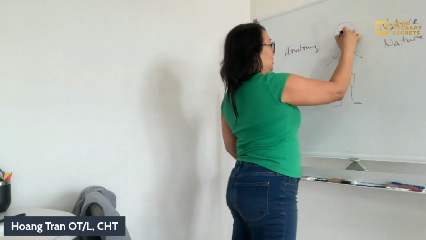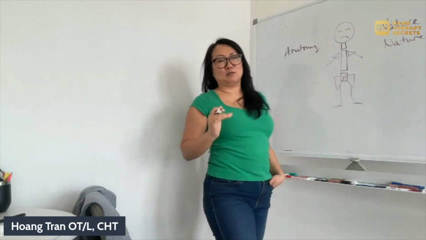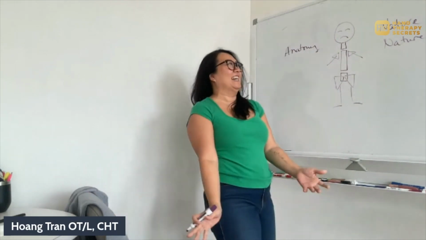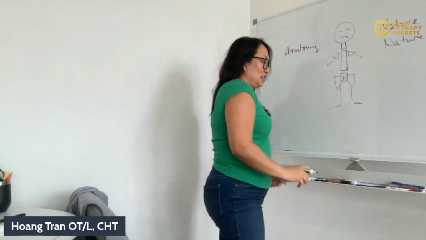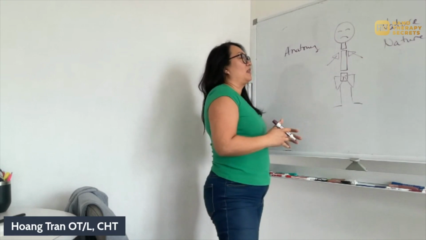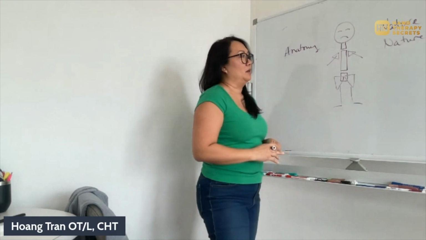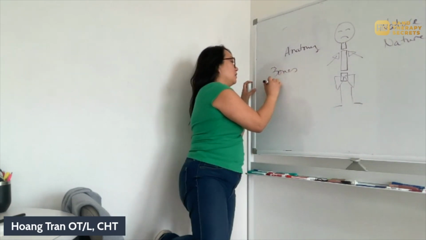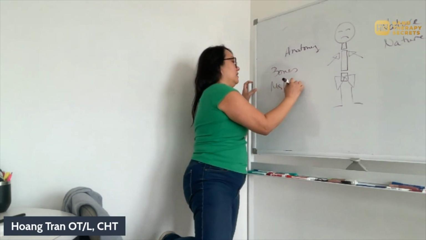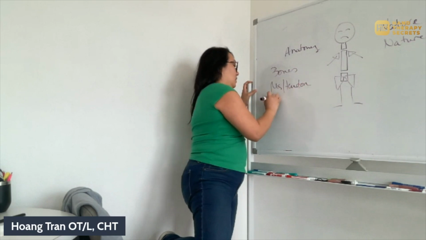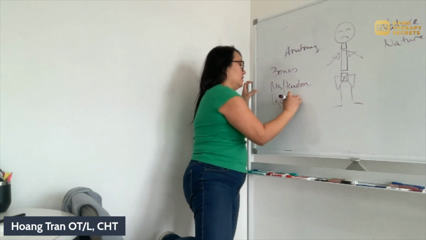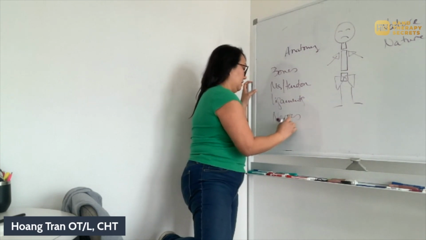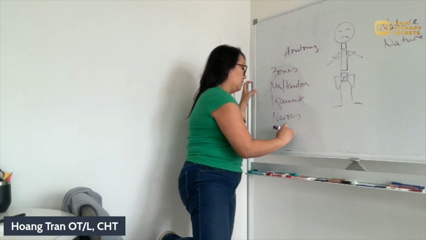And you have a very sad Asian person. So if everything goes back to anatomy, we have bones, we have muscles and tendons, we have ligaments, we have nerves, and then we have skin and fascia, right?